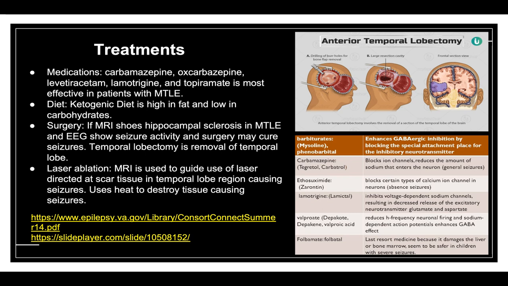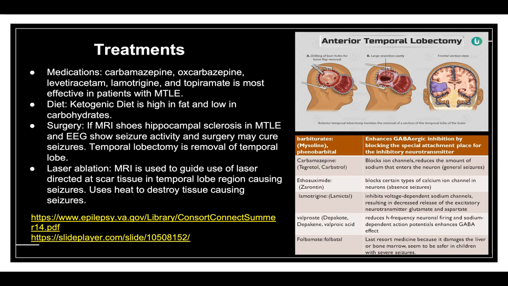And then there's lamotrigine, which inhibits voltage dependent sodium channels, which then decreases release of excitatory neurotransmitters such as glutamate, aspartate, and all those kinds of things.